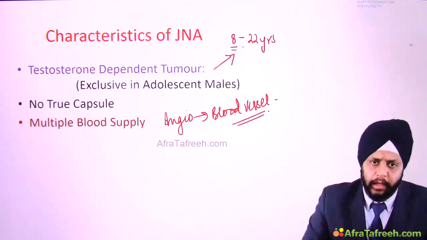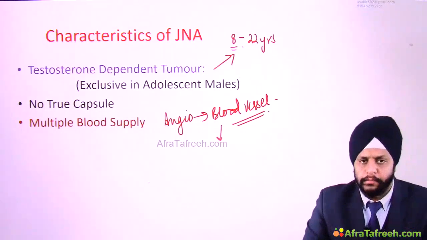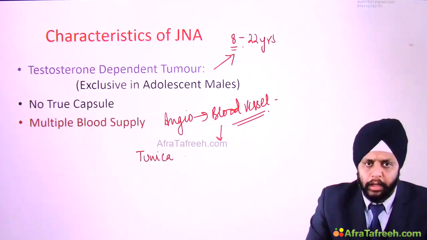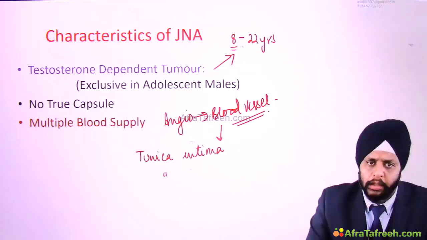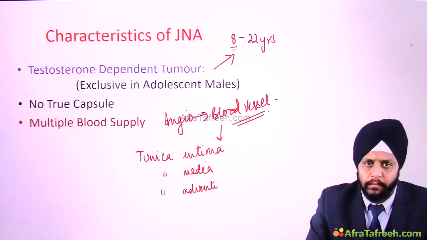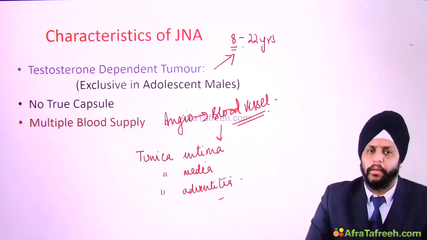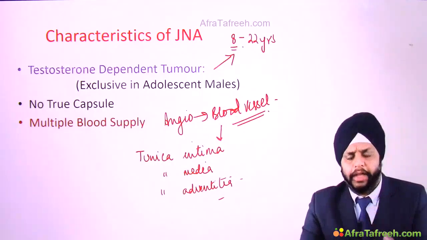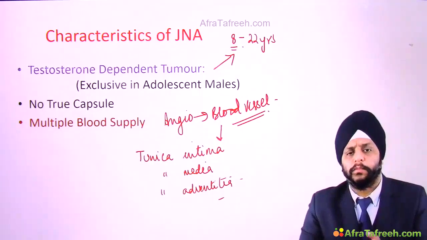Now, a blood vessel has 3 layers in the wall: tunica intima, tunica media, and tunica adventitia. Okay, now what is tunica media? The tunica media in the blood vessel consists of smooth muscles.